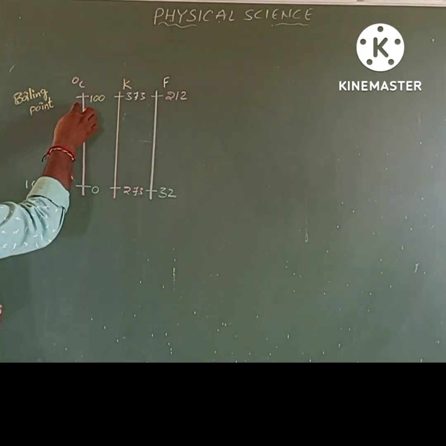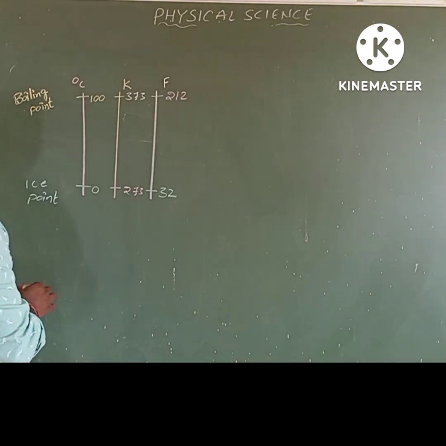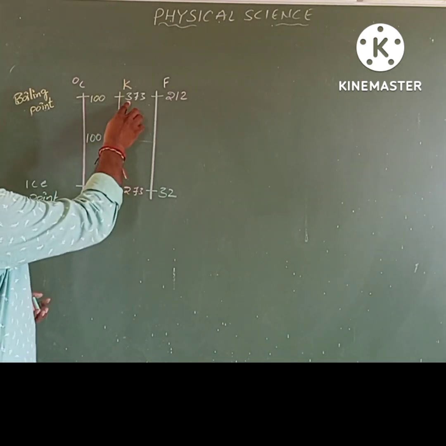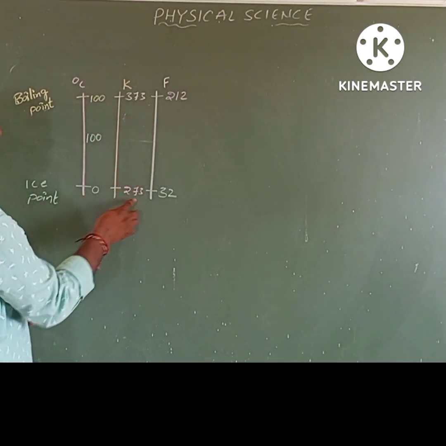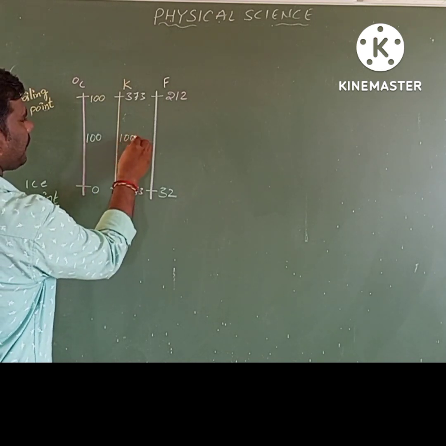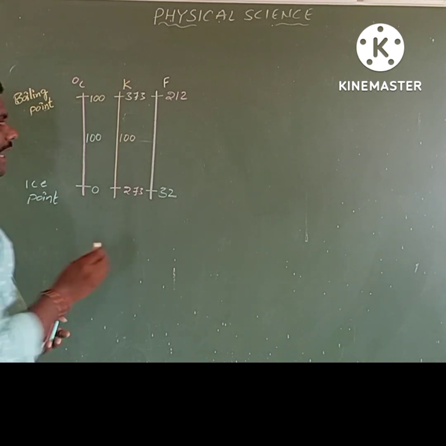Then we can write the upper fixed point minus lower fixed point. Then 100 minus 0, that is equal to 100. Here also in the same way, 373 minus 273, that is also 100. Next one, 212 minus 32, that is 180.